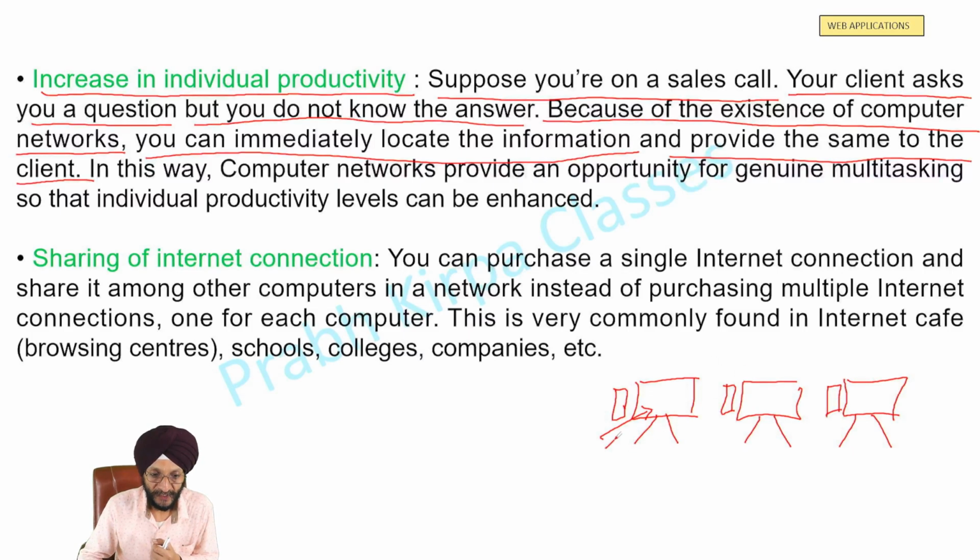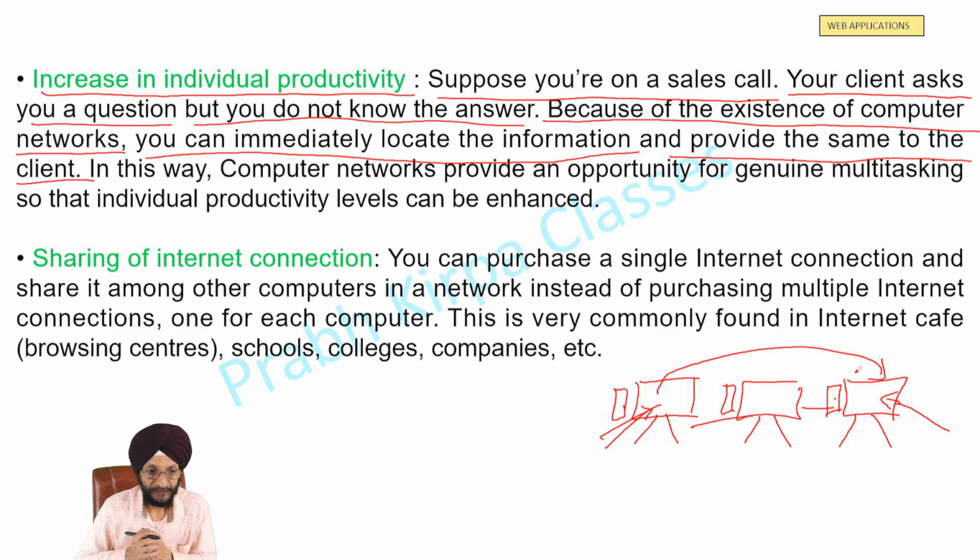Now you are working on this computer, but the information which the client is asking regarding sales is stored in that computer. Because all the computers are connected to one another wirelessly or through wire or cable or telephone lines, you can access the information stored in that computer.